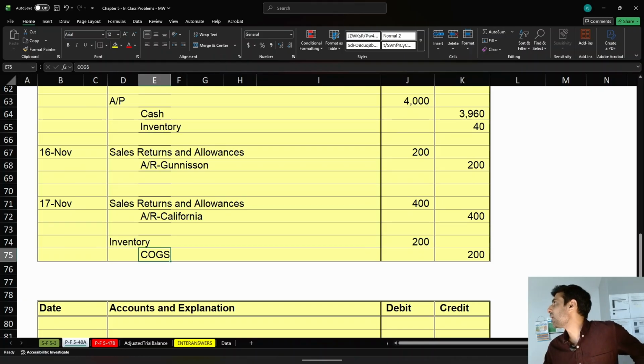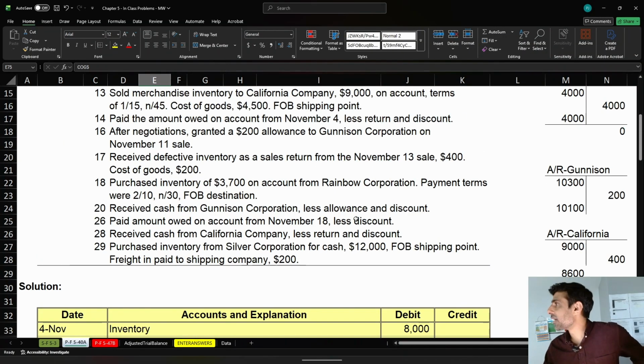You could ideally say, hey, why don't you have a contra account for cost of goods sold that is credit normal, but just the way that we set up our books and the way we're learning, we're just going to directly credit cost of goods sold. But if you were the controller of the company and you wanted to track these returns separately, you could set up a contra account to cost of goods sold. It would still get you to the same end product, but you just have one extra account to track in your accounting system.